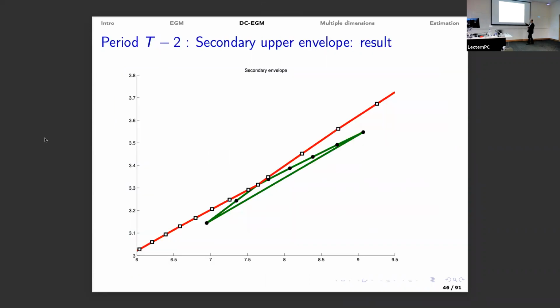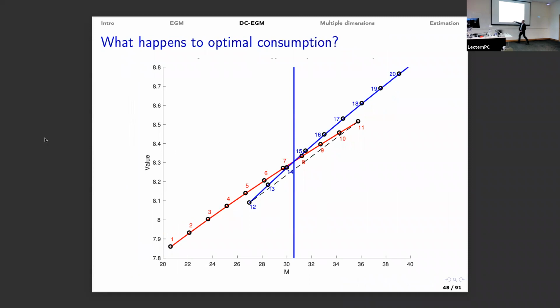So going back to this picture, there are indices here. We first generate this point, and then we take a little bit higher A, generate point number 2, a little bit higher A, point number 3, and so forth. And after point 11, suddenly point 12 corresponds to a lower level of M, of wealth.